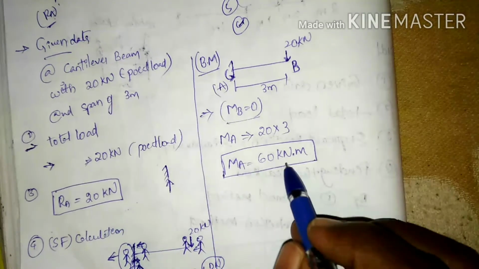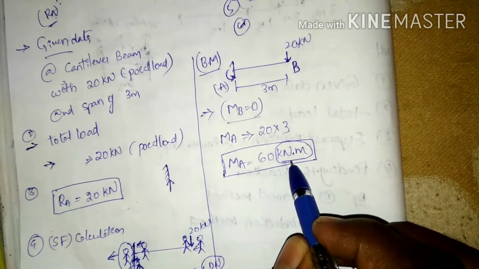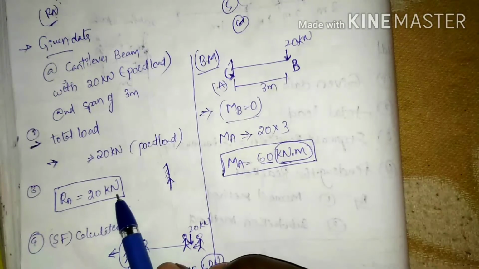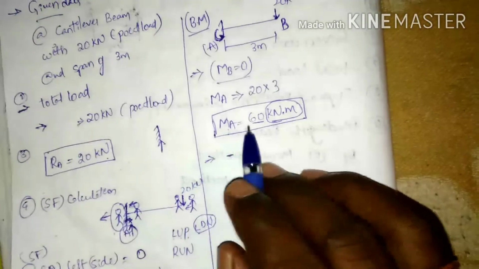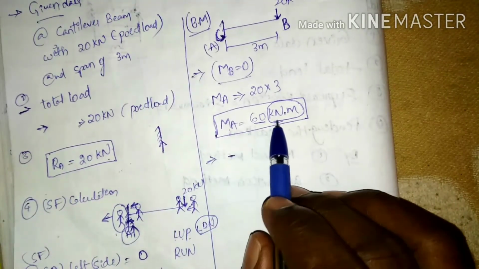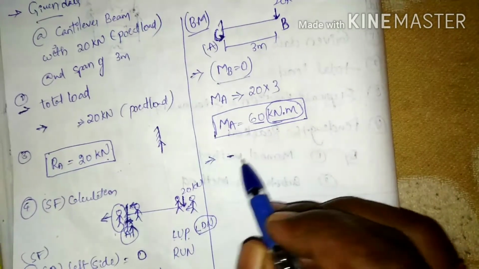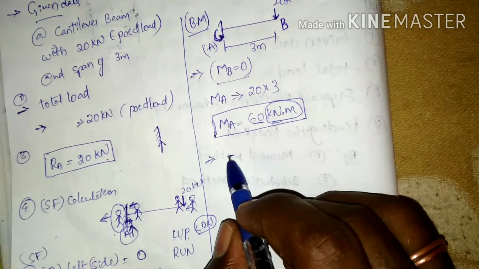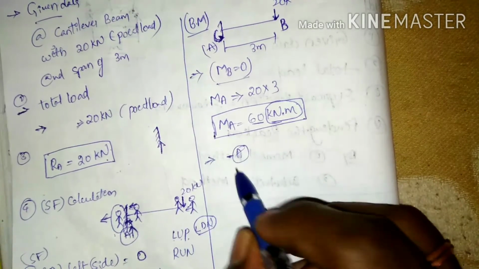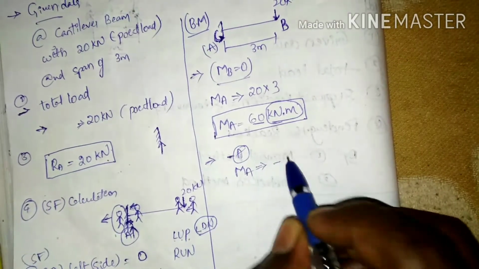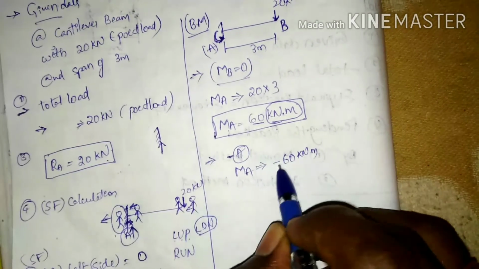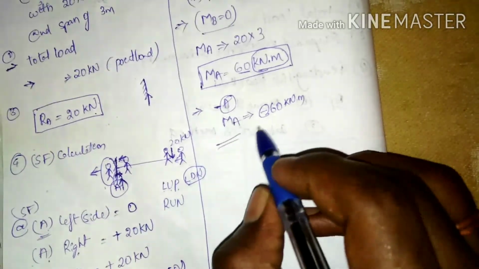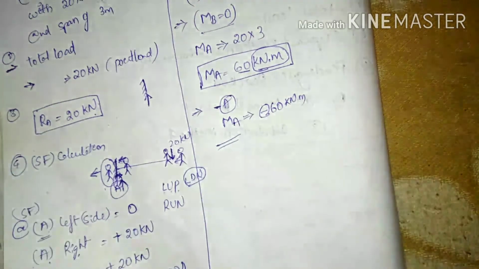You must write the units after every value of moments, shear force calculations and total load. Here moment about A is equal to 60 kilonewton meter. The maximum bending moment is at the A support, moment about A, equal to minus 60 kilonewton meter. Minus indicates that the bending moment is a hogging moment, or negative bending moment.